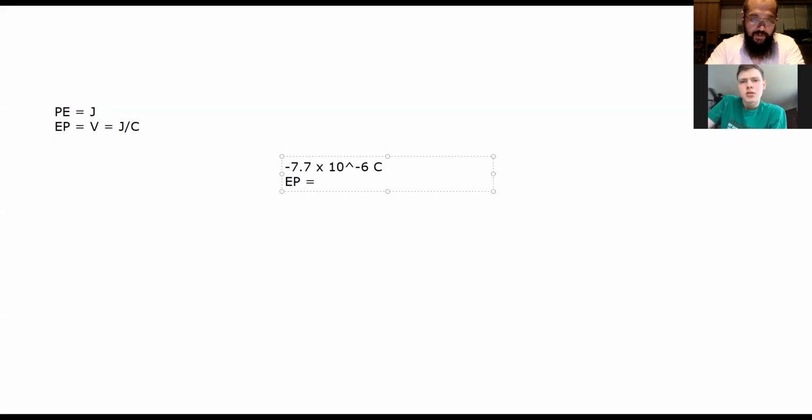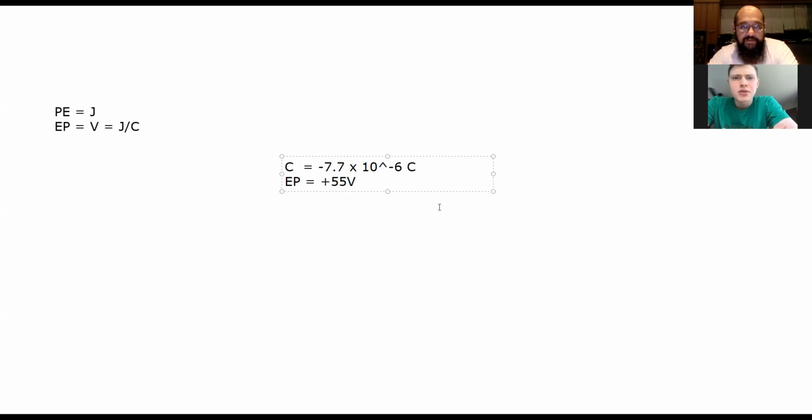The charge is equal to that, and your electric potential difference is plus 55 volts. So it should be very easy. You're looking for the amount of work done: how much work does the electric field do in moving a minus 7.7 microcoulomb charge from ground to a point whose potential is 55 volts higher?